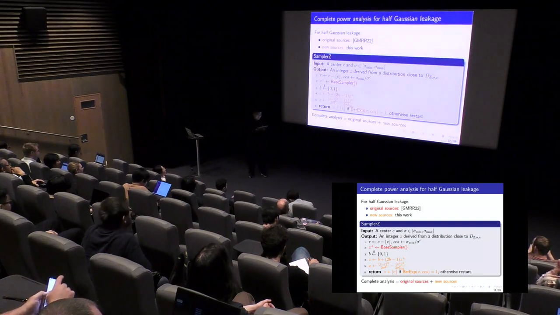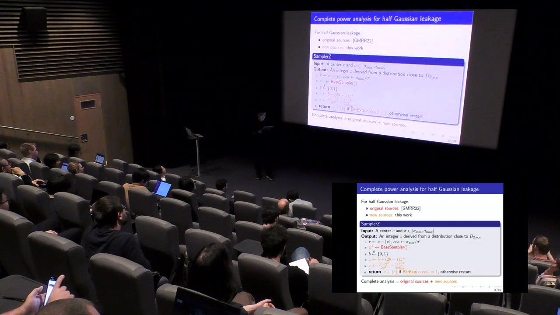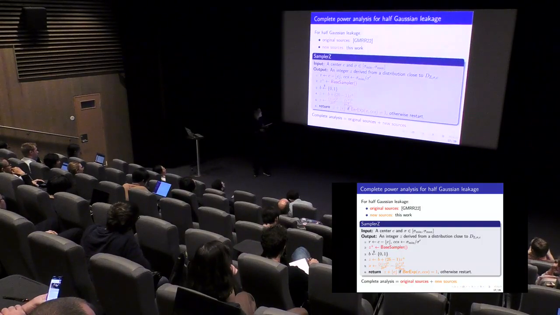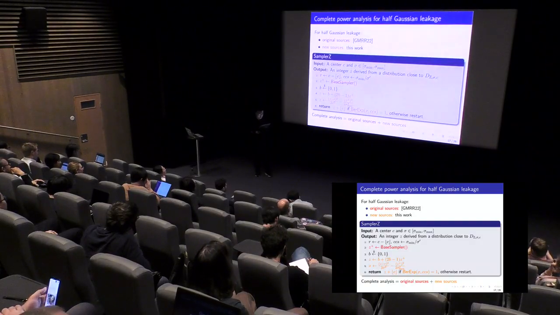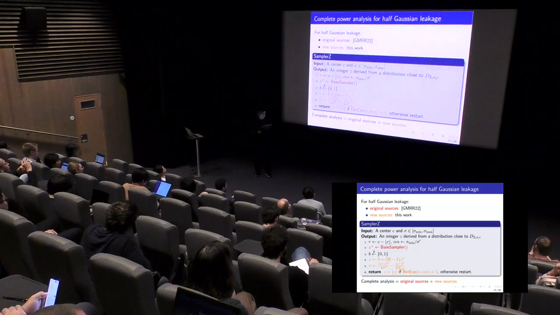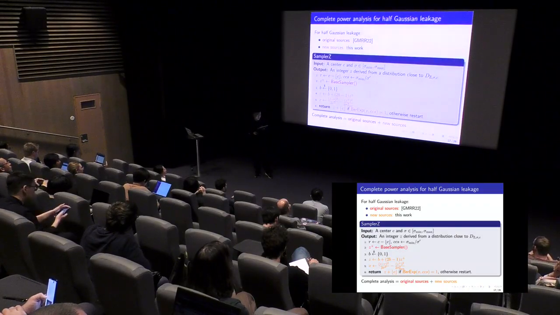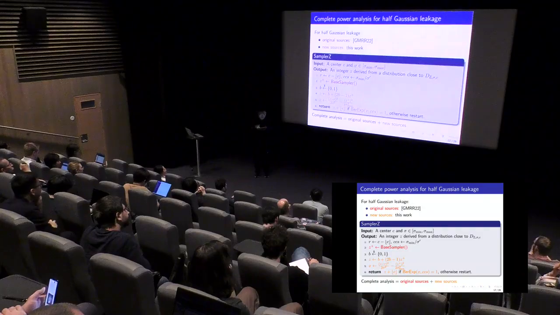For half Gaussian leakage, the original sources identified in the CHES work are marked in red, and the new sources for this work are marked in orange. Concurrently, we identify half Gaussian leakage from the new sources, including the computation of ZX, rejection sampling, and return operation.